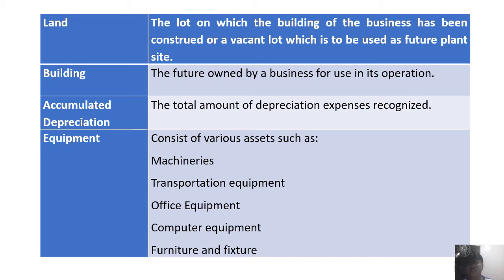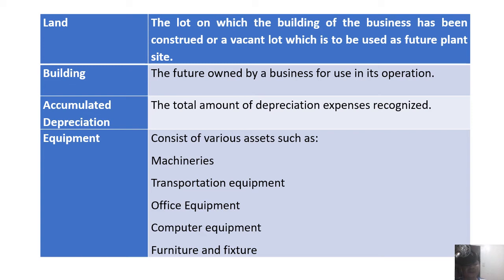Next is equipment. So, pwede siyang various items. Yung equipment, pwede siyang machineries, transportation equipment, office equipment, computer equipment, at saka furniture and fixtures. So, minsan, ginugroup na lang yung mga yan as equipment.